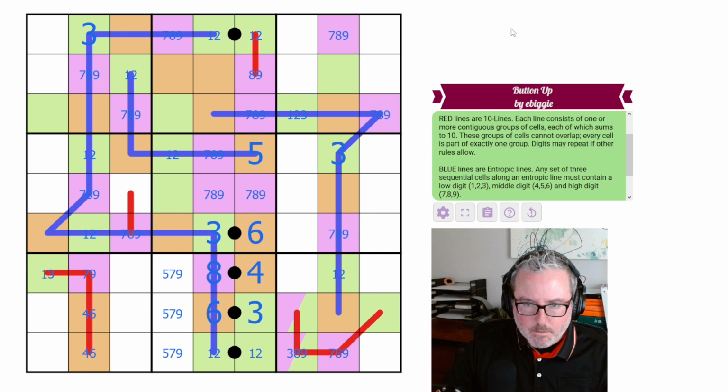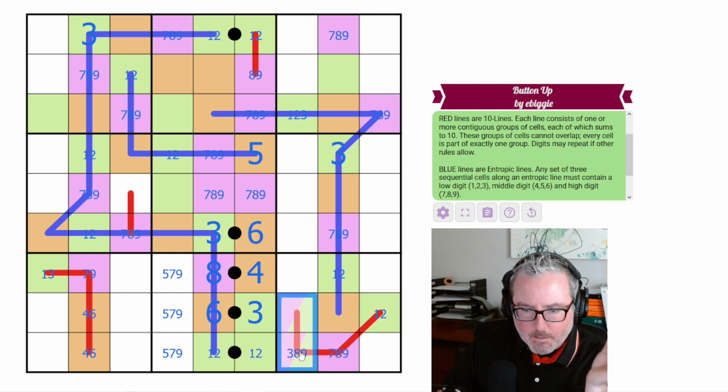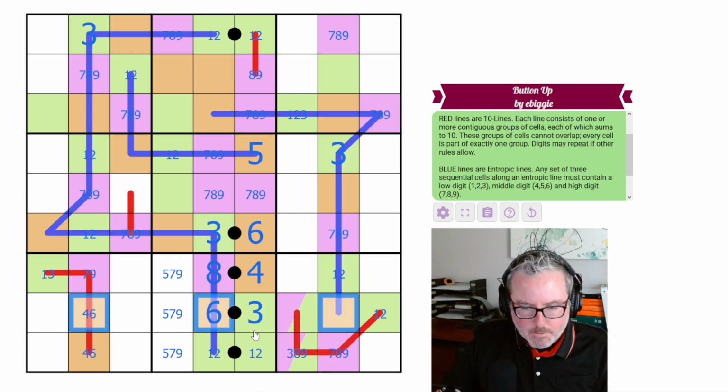Hopefully we can see all this. This has to be a 1 or a 2. Okay, so we said this has to be a high-low because we can't put two mids. If we did a mid, we'd break this. And we have 1, 2 pair here. So this is a 3, 7, which means this is 3, this is 7.